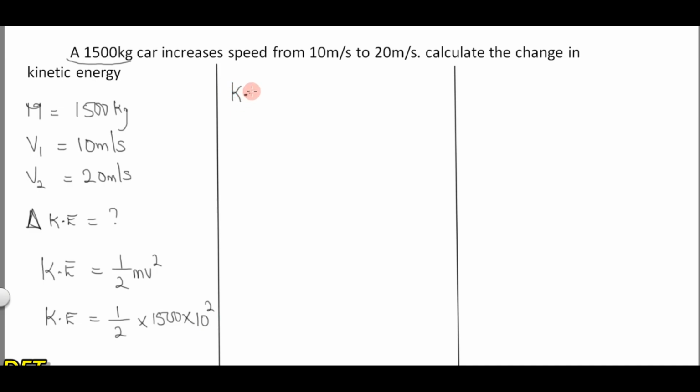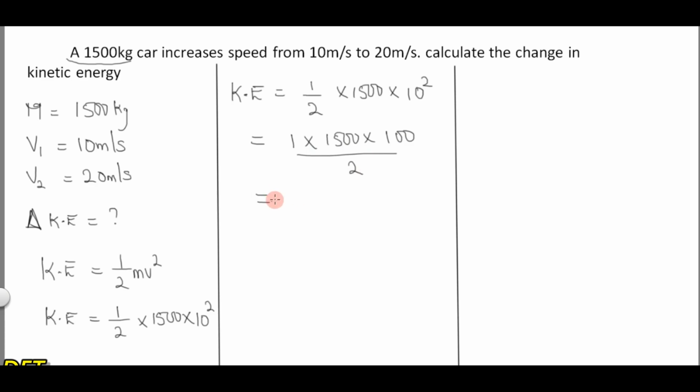So the kinetic energy will be equal to 1 over 2 times 1500 times 10 squared. 10 raised to the power of 2 is 10 times 10, and that will give us 100 over 2.